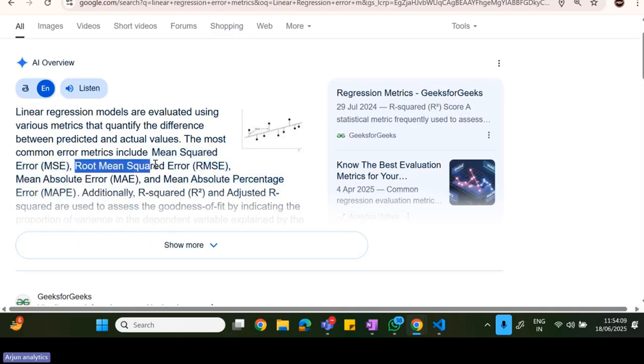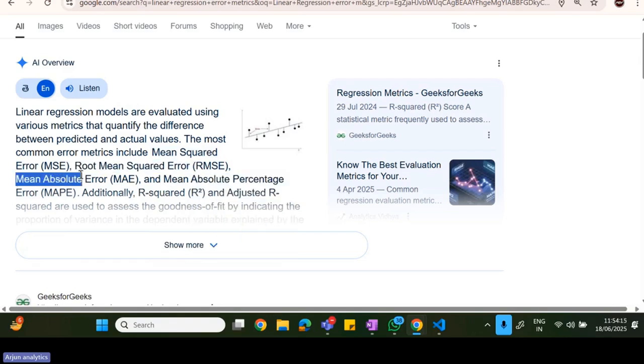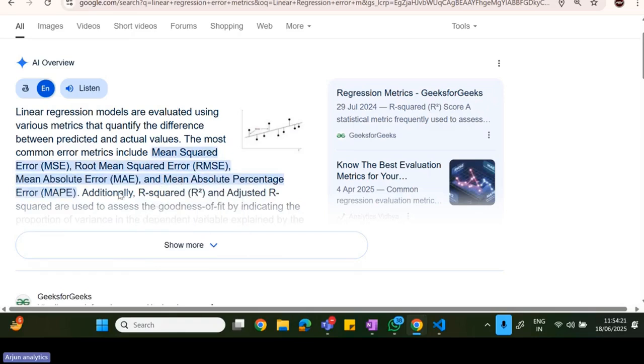The root mean squared error, RMSE. Mean absolute error, MAE. And the other one, this you can ignore. Again, for this we have to go very deeply with our absolute error. That's okay, not a problem. The additional is R squared error, that is R squared. Clear?